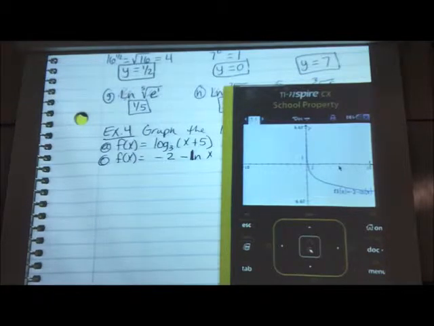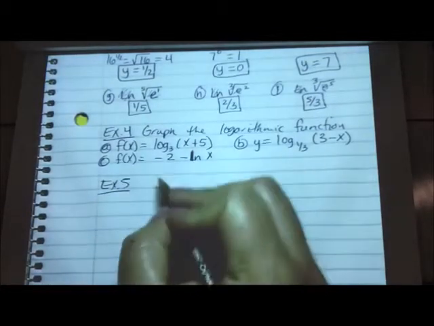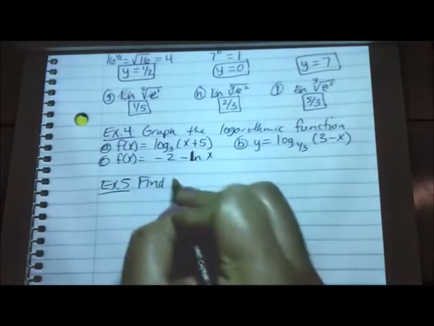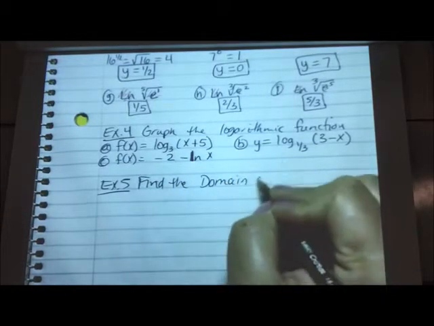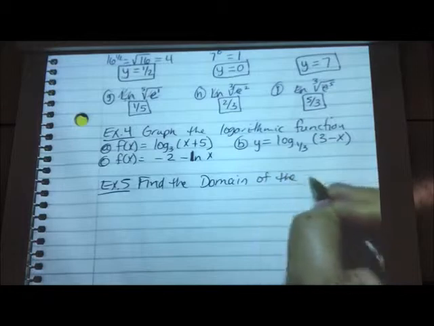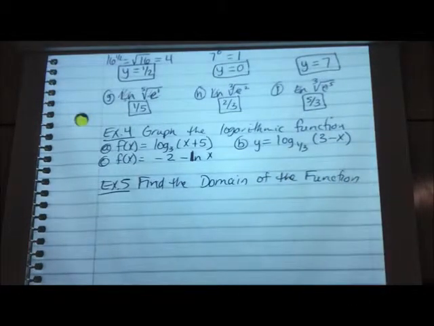up to you, 12, 13, 14, and 15 are going to be like example number 5. So example 5. Find the domain. In order for me to find a domain, I have to do what? What do you use to help you find a domain?